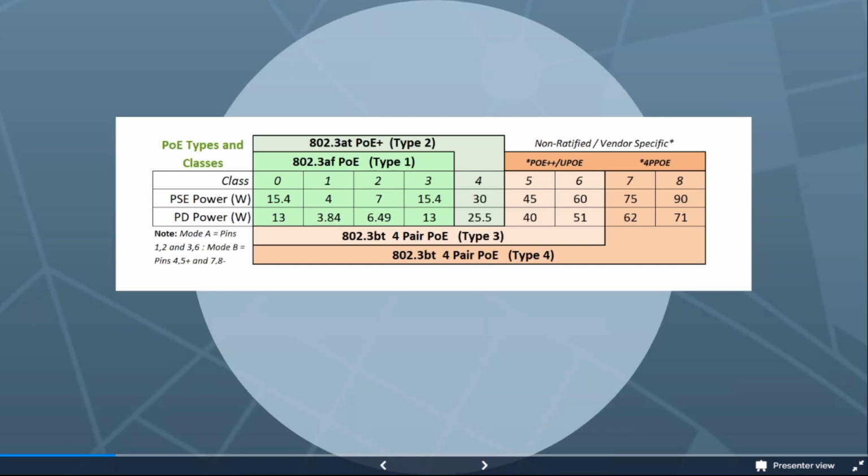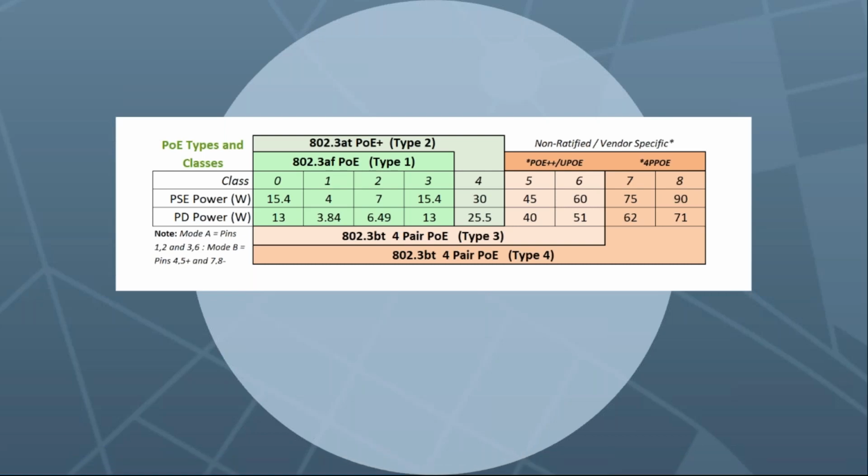All devices require power, whether it's 12 volt or 24 volt or AC input. And then they had devices that would require data throughput as well, maybe some IP cameras, VoIP, wireless bridges, access points and so on.